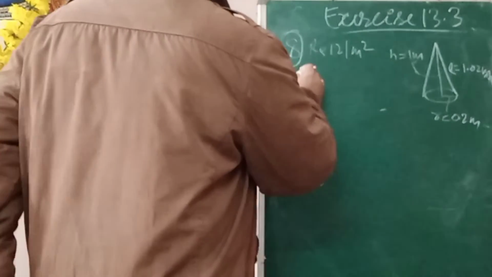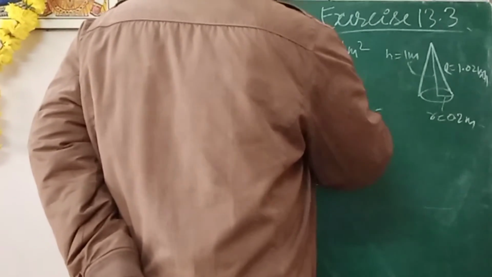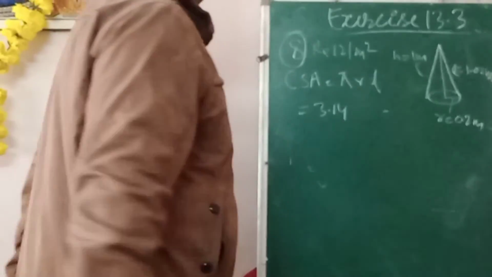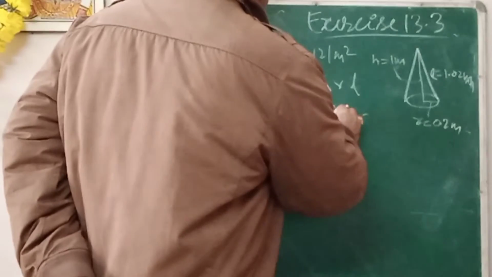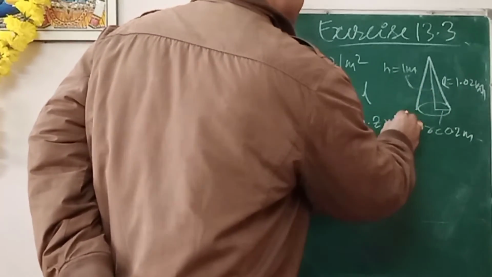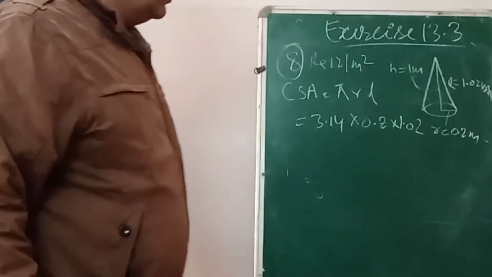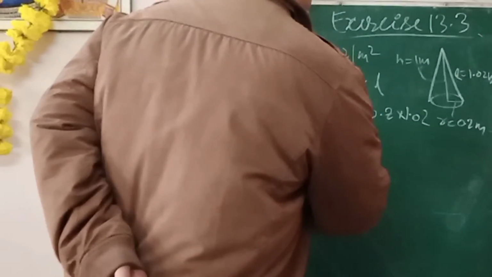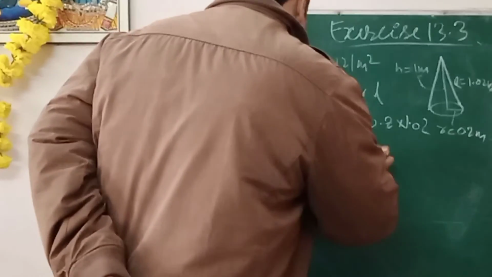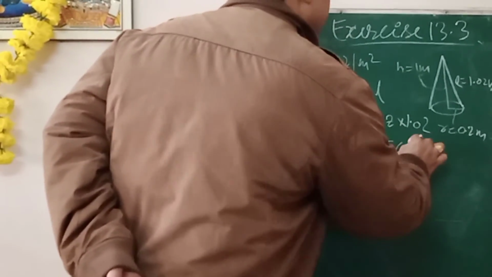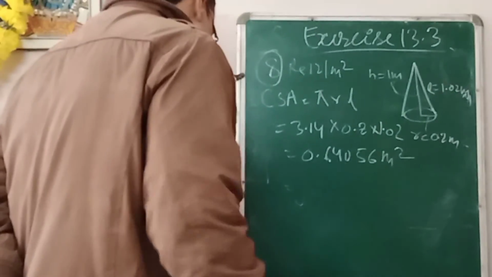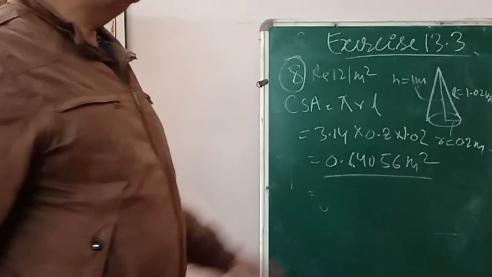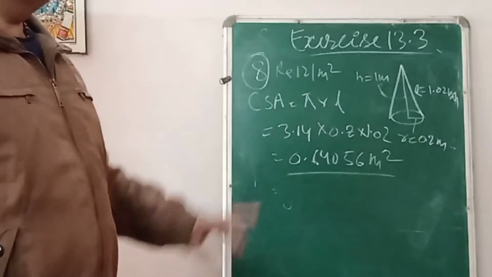Now we need to find out the CSA. This is pi R L. As per the question, we take pi as 3.14 into R 0.2 into L 1.02. Upon multiplying, we will get this area as 0.64056 meter square, and this is the area of the outer surface, that is curved surface.